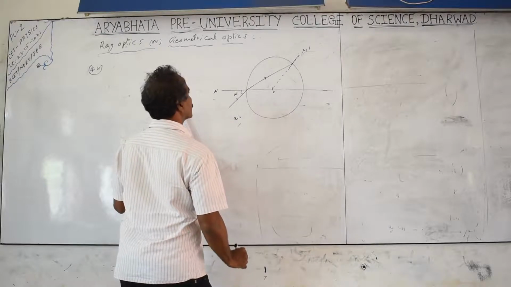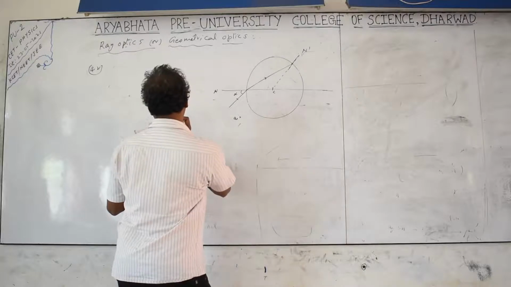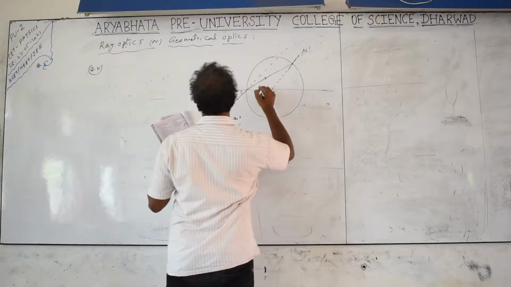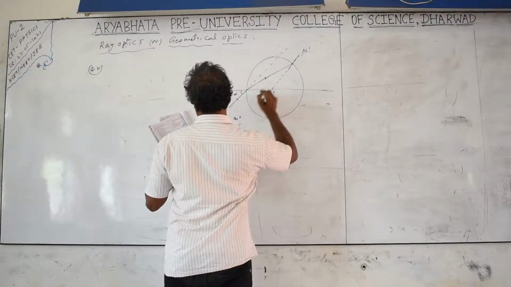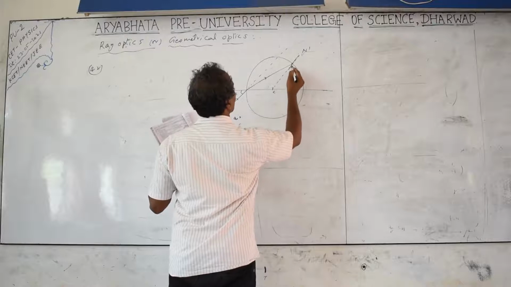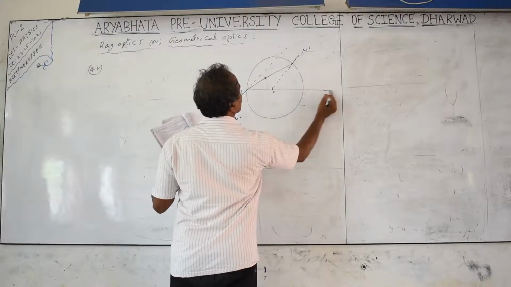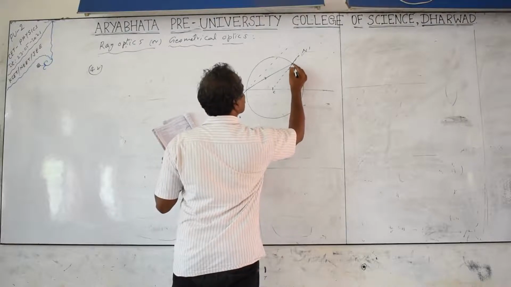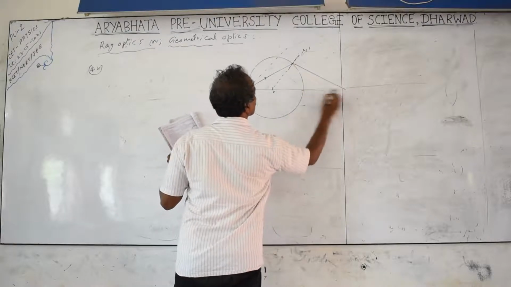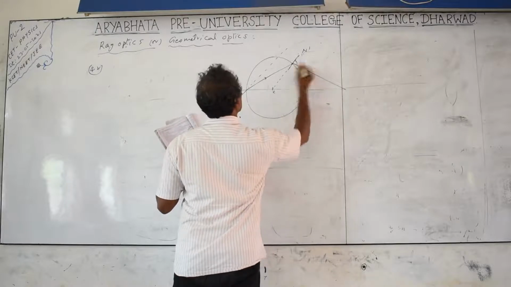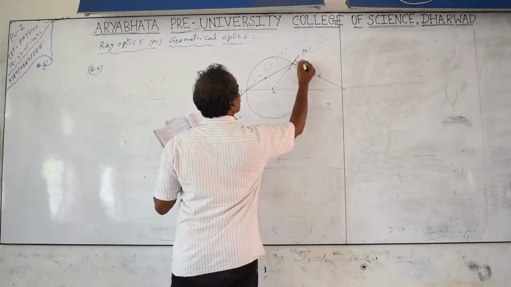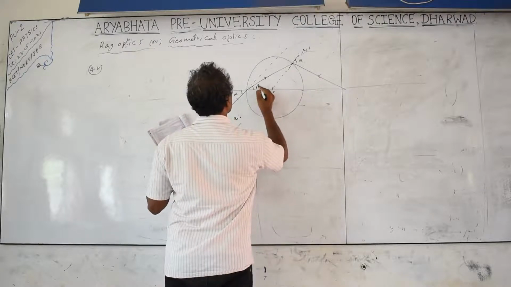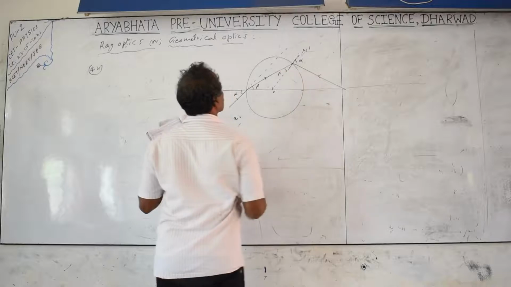This is a normal, sorry. If it is alpha, symmetrically this is also alpha, and this is beta with respect to the normal, this is also supposed to be beta.